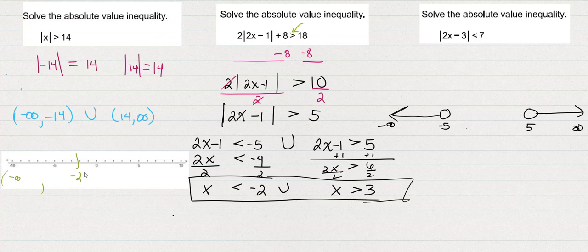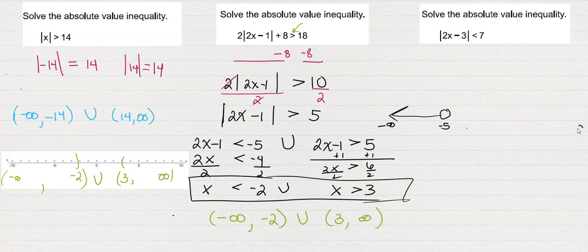So we go from negative infinity up to negative 2, or all the x's that are greater than 3 would start at 3 and go to infinity. So we have the final answer in interval notation is parenthesis negative infinity comma negative 2 union parenthesis 3 comma infinity parenthesis. So negative infinity to negative 2, or 3 to infinity.